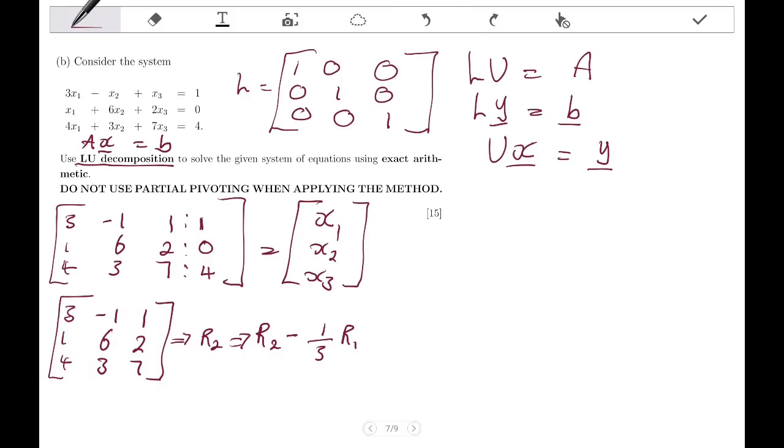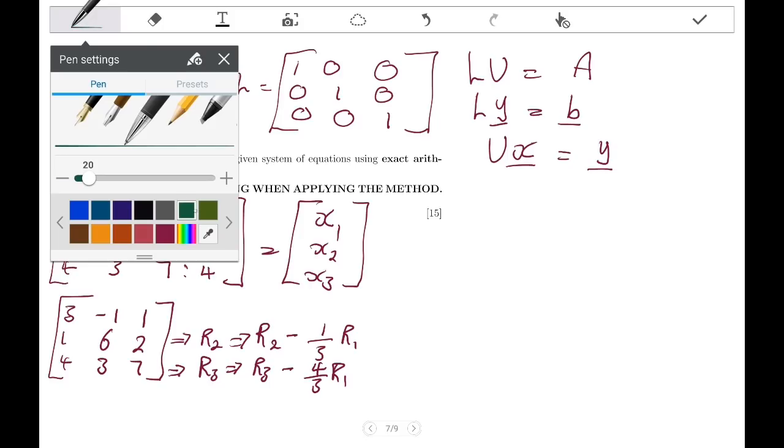So from this, that means row 3 tends to row 3 minus 4 over 3 row 1. So we're going to calculate that, and remember that these two are the multipliers. 1 over 3 is the multiplier, and then 4 over 3 is the multiplier.